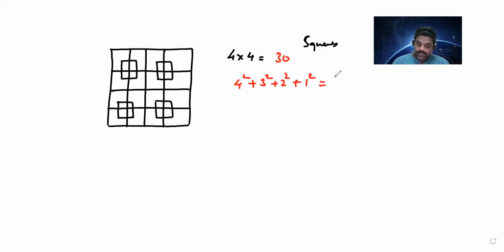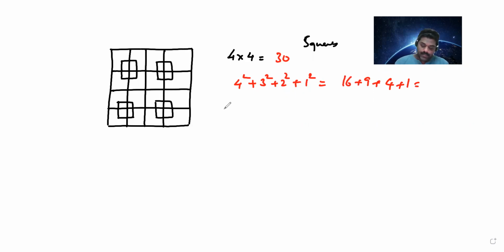I already told you it is a 4 by 4 grid. So a 4 by 4 grid would have 40 squares. Sorry, 30 squares. I do make mistakes. See, 4 square, 3 square, 2 square plus 1 square, I have done just now, right? So 16 plus 9 plus 4 plus 1, 30 squares.